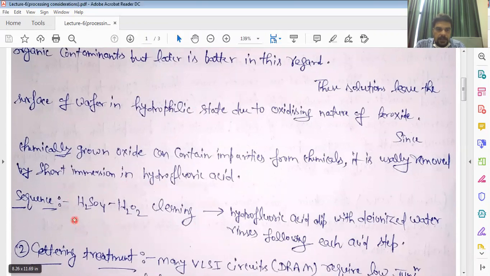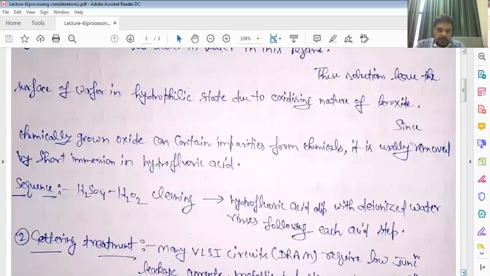Suppose we are having sulfuric acid and hydrogen peroxide cleaning, followed by a hydrofluoric acid dip, with deionized water rinses following each acid step. So after each acid step, there is a deionized water rinse. These are the steps that we get.